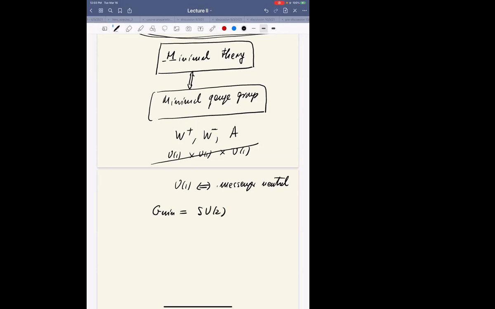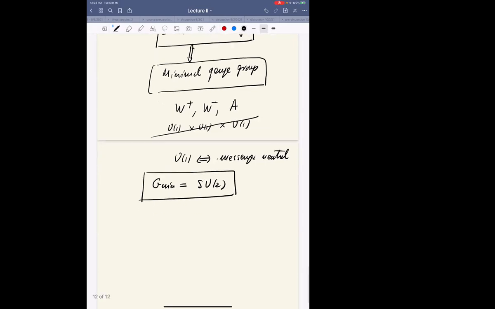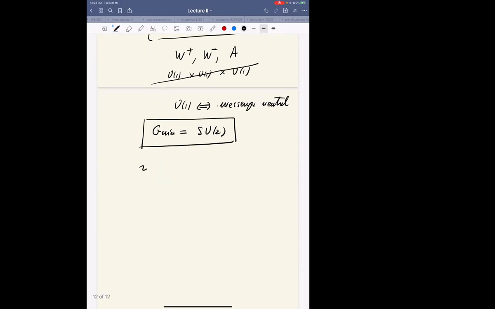Very good. SU2, of course, means that if I speak of a field psi that will develop phi, this must be a doublet now. That's the minimal representation of SU2. For example, a typical doublet would be neutrino and electron.